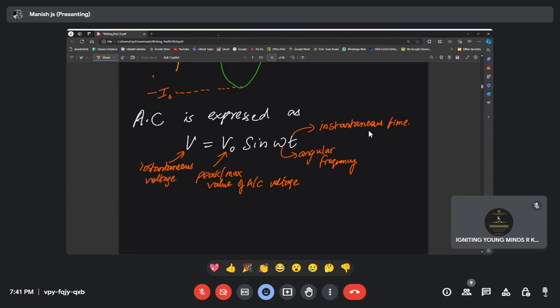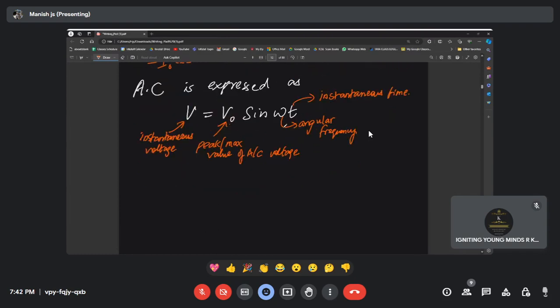So these are the different terms that you will have to know for an alternating current when you write the expression in terms of voltage, that is V is equal to V naught sine omega t. Okay. In the same way, now I want to write the expression for current. From Ohm's law, we all know what current is.